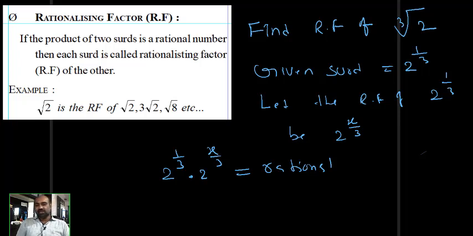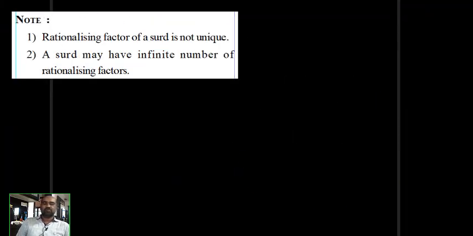The exponents should be added: 2 power 1 by 3 plus x by 3 is rational. 2 power 1 plus x by 3 is rational.